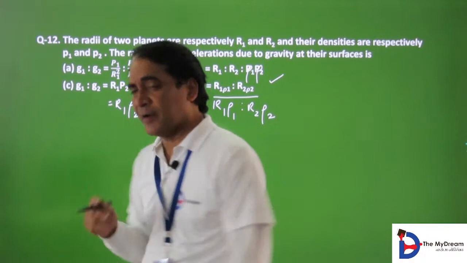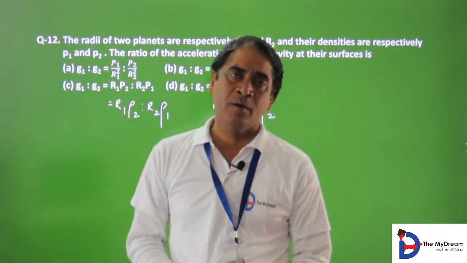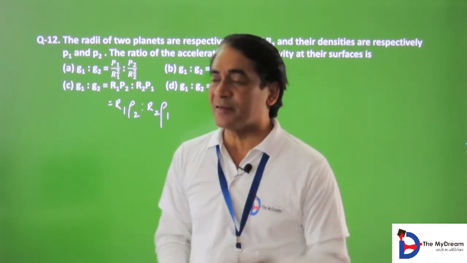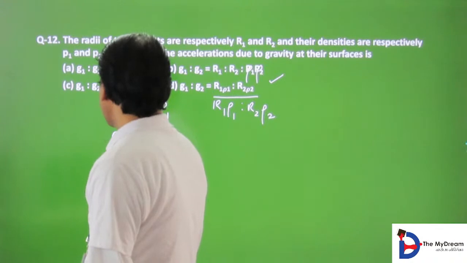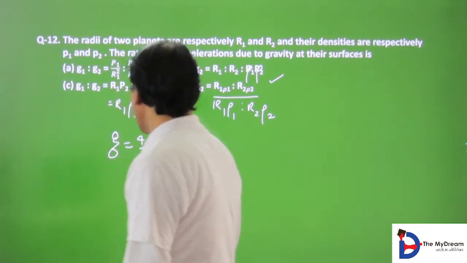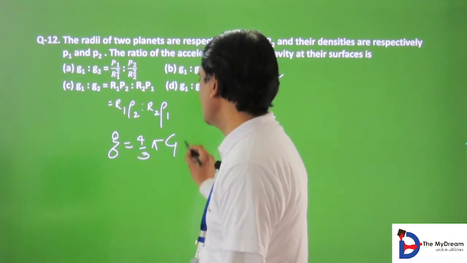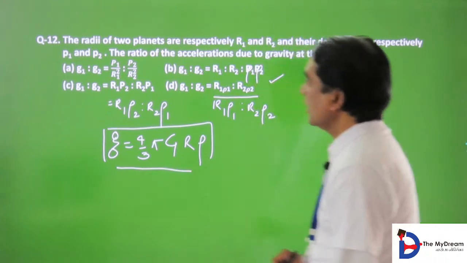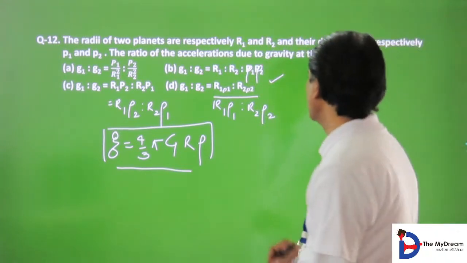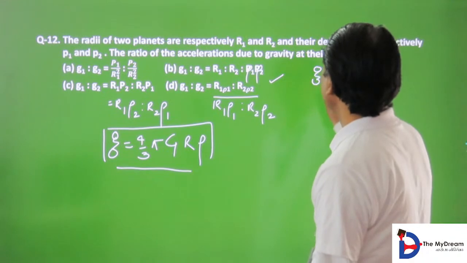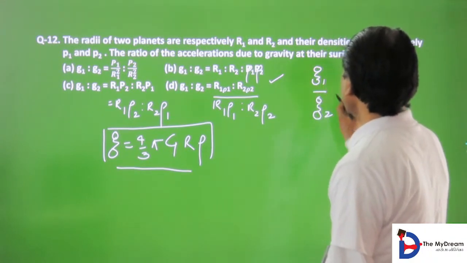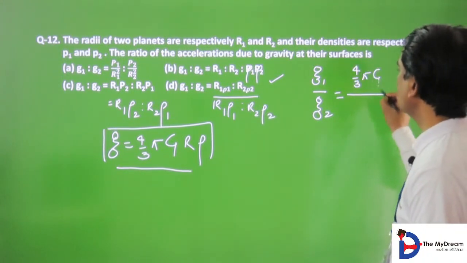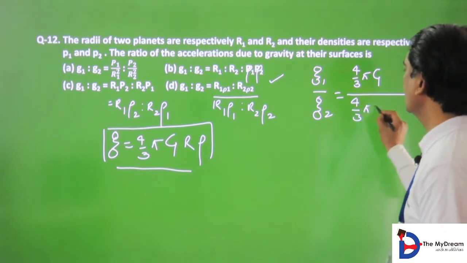So, as you know, the gravity in terms of the mean density is given by small g is equal to 4 by 3 pi capital G R rho. Here the two planets are given to you. Let it be G1, another one is G2. That is 4 by 3 pi capital G for both same.